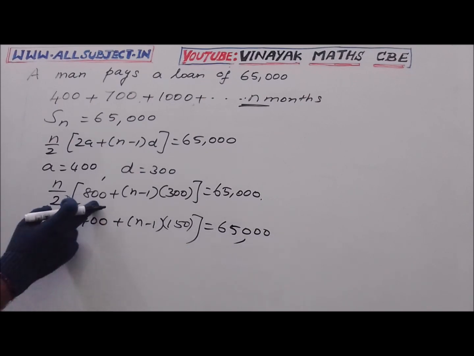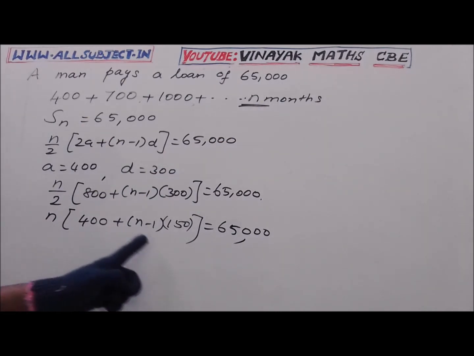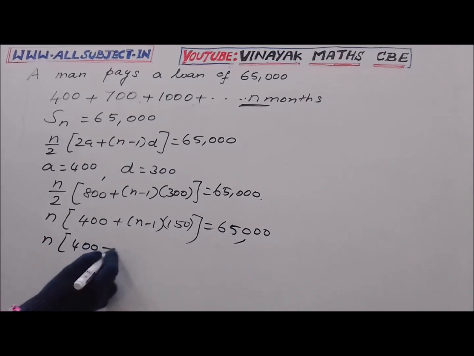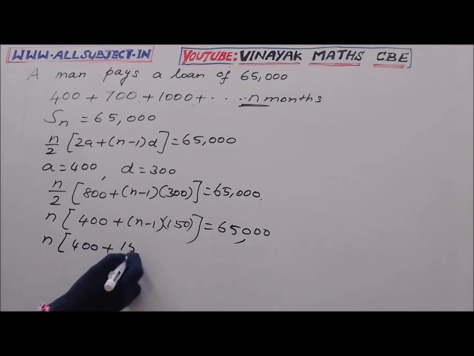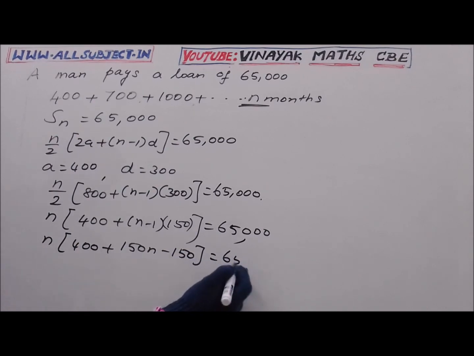If it is divisible by 2, you can divide, else you can cross multiply it, then we can simplify. Here, simplifying it, n into 400 plus, multiplying inside, 150n minus 150 equal to 65,000.